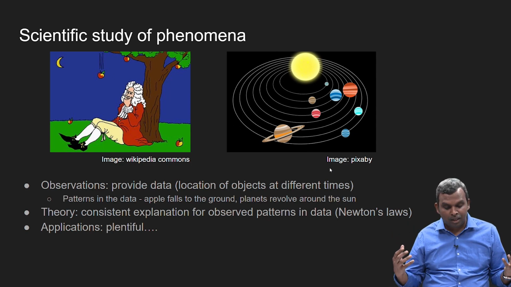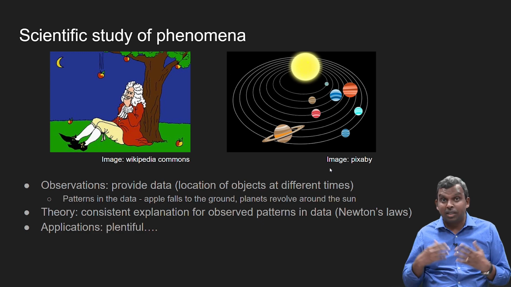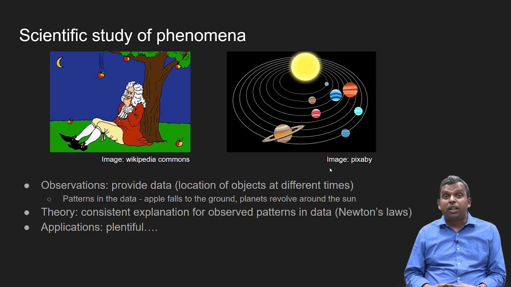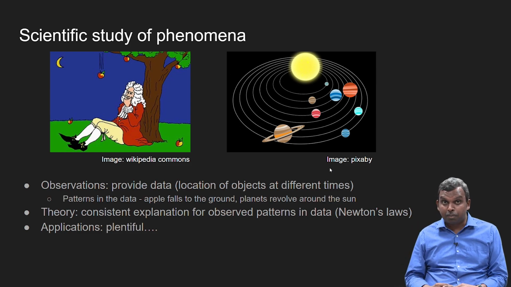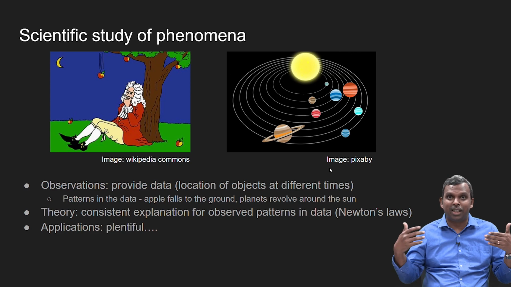So these observations were all there, and one of the great achievements in science was Newton's theories of motion. The theory came along a little bit later, and one of the great successes of this theory is that it could, with some very simple equations, consistently explain all these observed patterns across the spectrum of movement of objects.